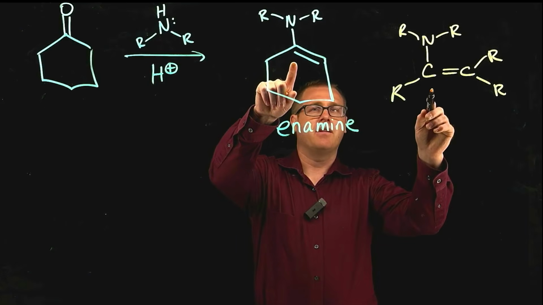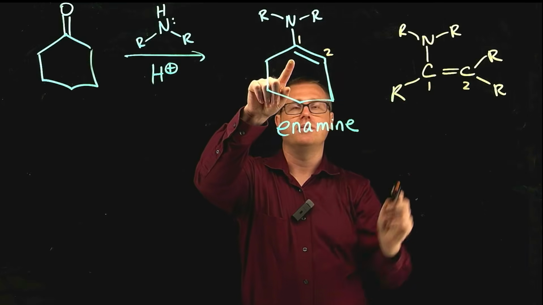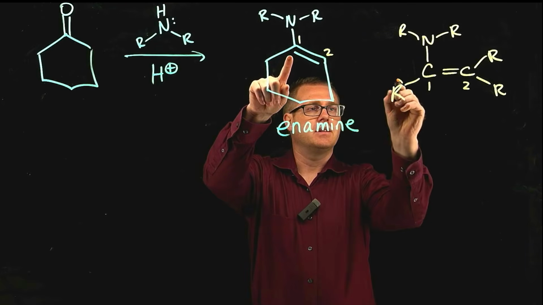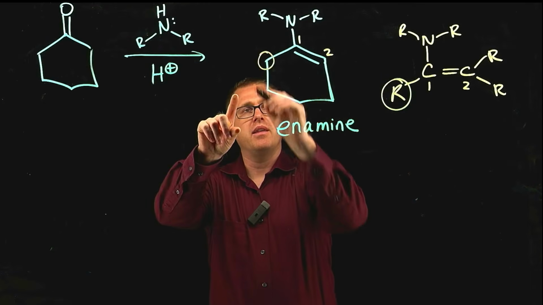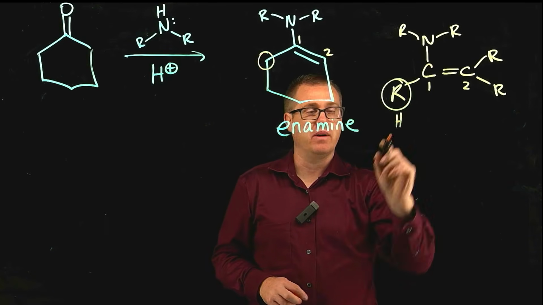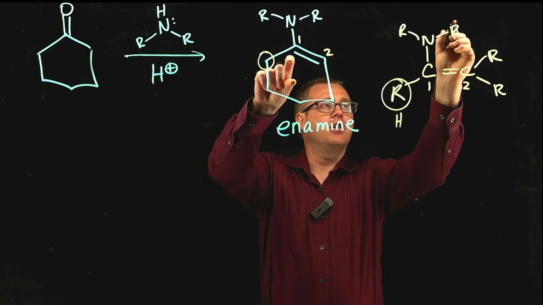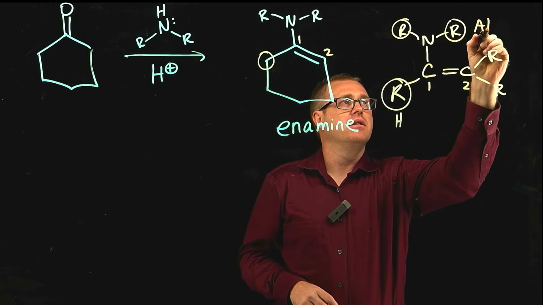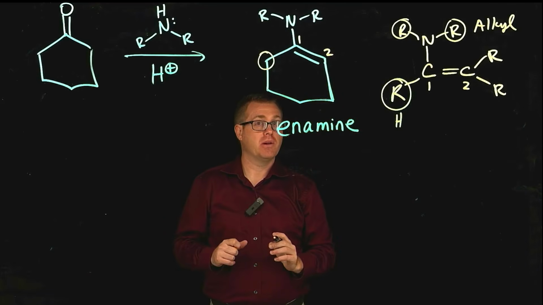So if this is the generic form, if I label that carbon 1, that carbon 2, you can see carbon 1 is attached to an alkyl group. That carbon right here is this guy right there, and that can be a hydrogen as well. So carbon 1 is attached to nitrogens. Those R groups, they have to be alkyl. And the mechanism is going to show us why.